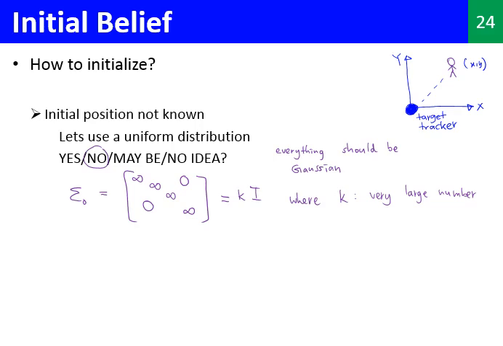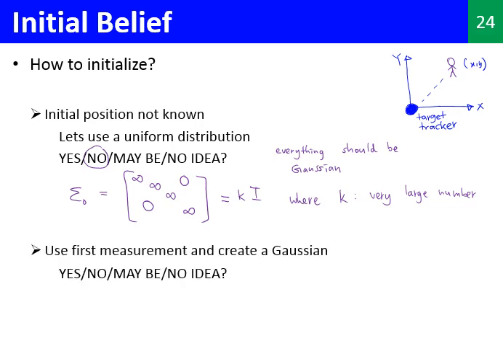Now we need a mean, right? Here is another proposition. Let's use the first measurement and create a Gaussian from that. Yes, no, maybe, or no idea again. Well, in fact, it is a most commonly used technique in practical implementations. So I would go with maybe.